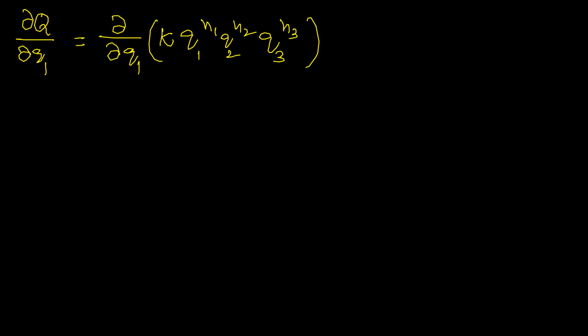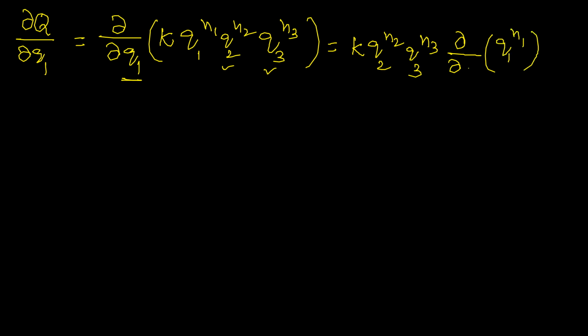For example, here we are finding the partial differentiation of function Q with respect to q1, so we treat q2 and q3 as constants. So if we take out constants from the differentiation, then K times q2 power n2, q3 power n3 times the partial differentiation of q1 power n1 with respect to q1.